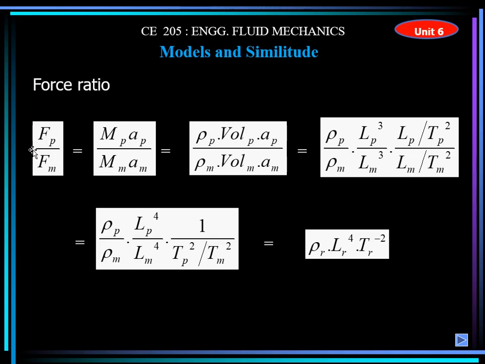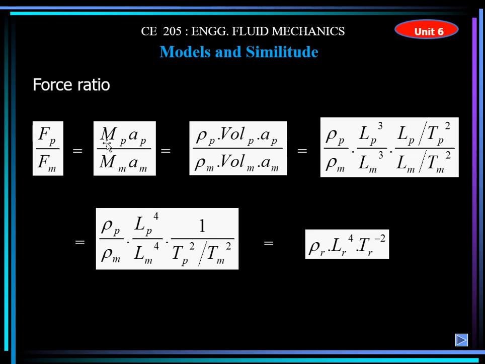For example, FR is FP over FM, and you know that force equals mass into acceleration, so MP times AP, and this mass is actually density into volume. The density has the unit of kilogram per meter cube, and volume has meter cube. So this is the mass, and this is the acceleration. If you simplify further, acceleration you can write as L over T square.